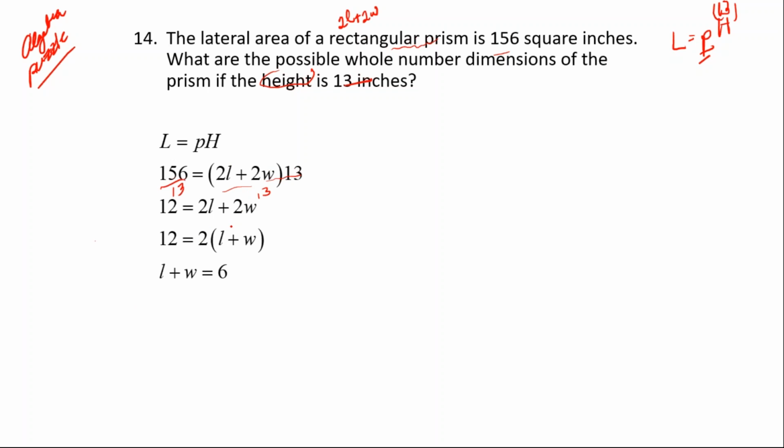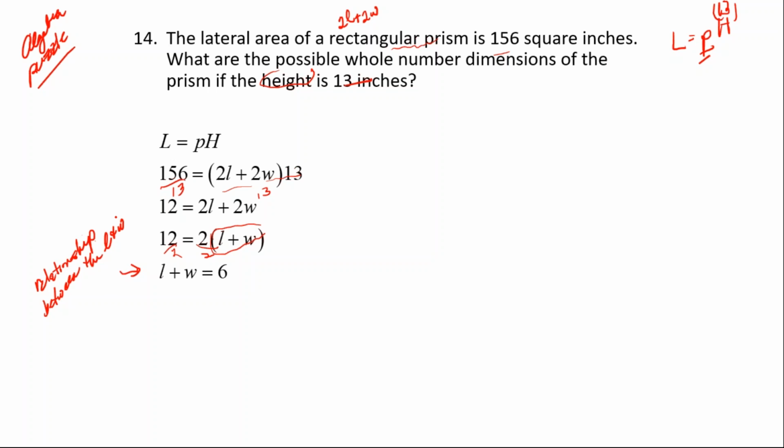Can't solve it to find specifically 1L or 1W, but I can find in general what L and W got to relate to by taking out a 2, divide both sides by 2, and I get this. So this is the relationship between the length and width, and I could have done base and height, doesn't matter.